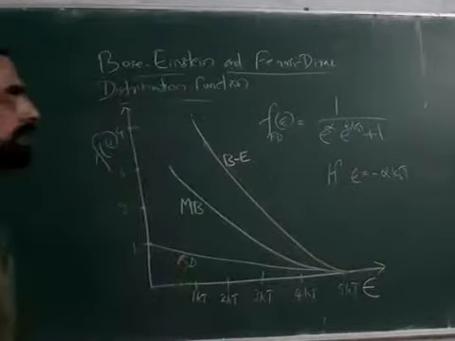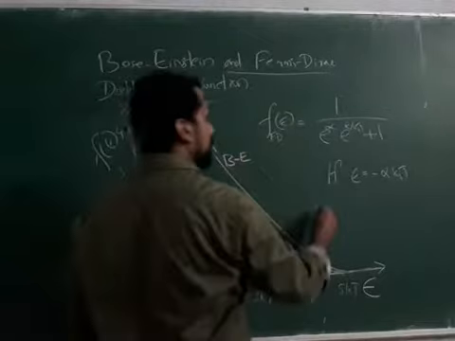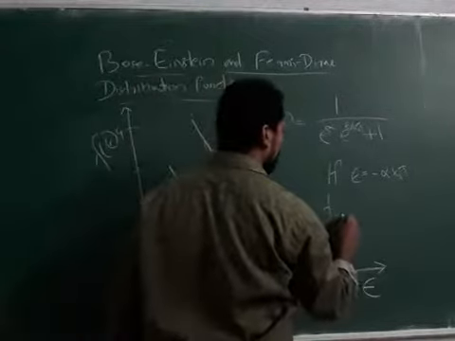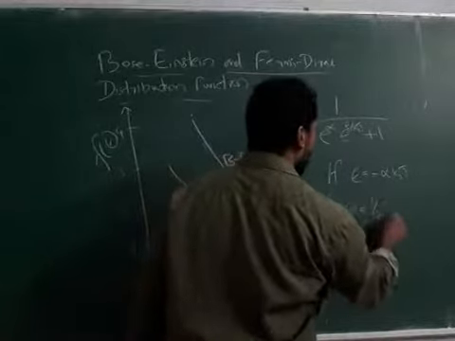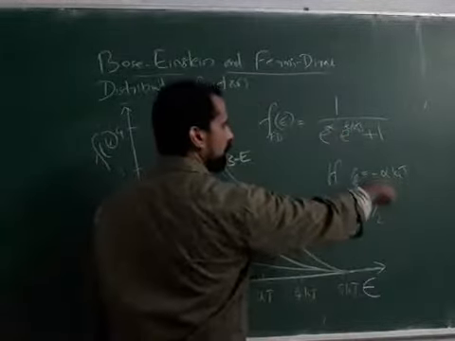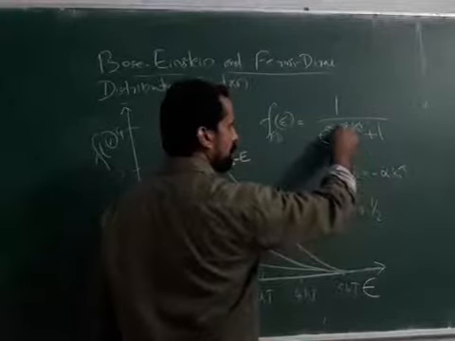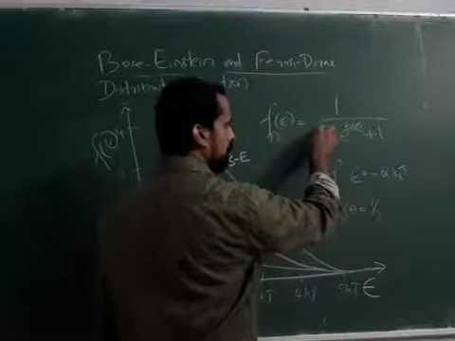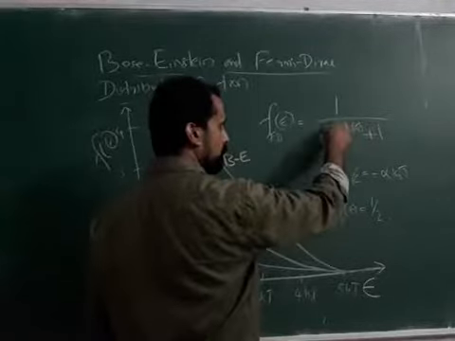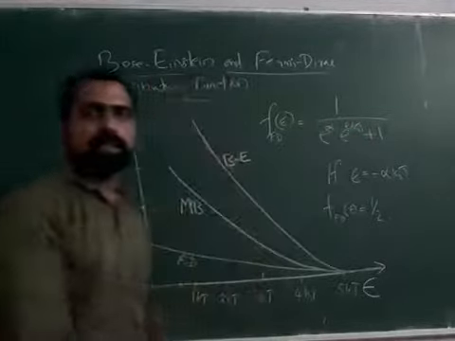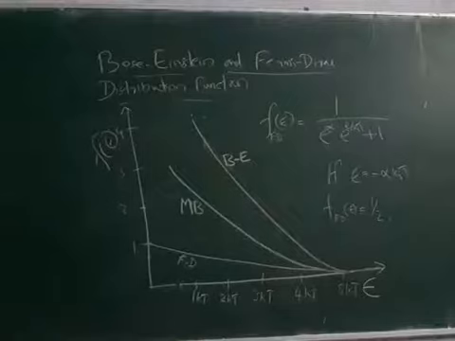Then you will get f of epsilon equal to half, because when you substitute it here, kBT is gone and e raised to plus alpha into e raised to minus alpha is e raised to 0, so that will become 1, and that will give you 1 by 2.